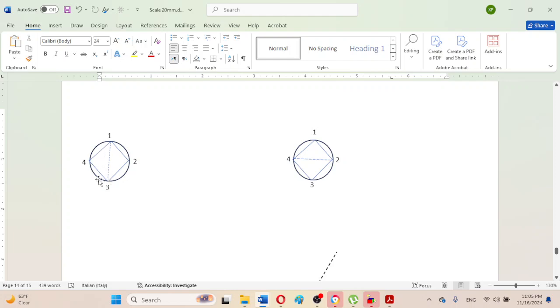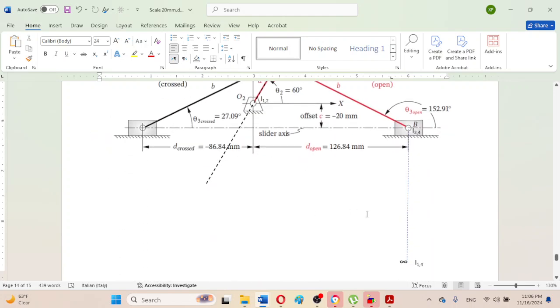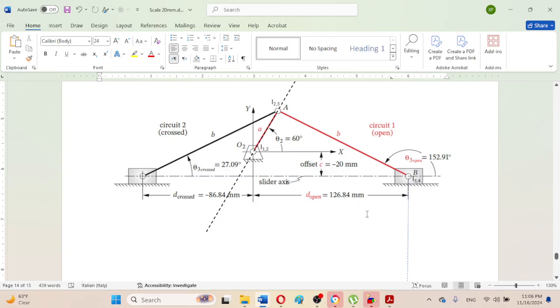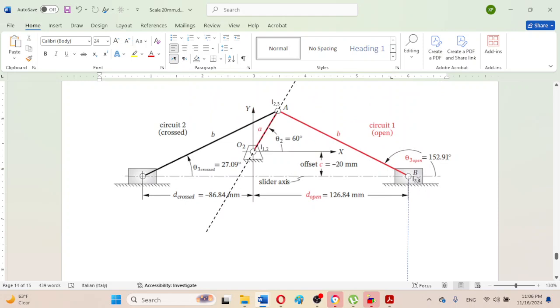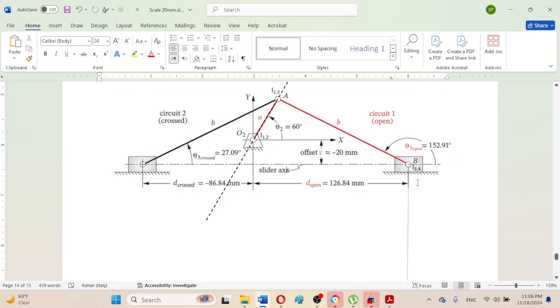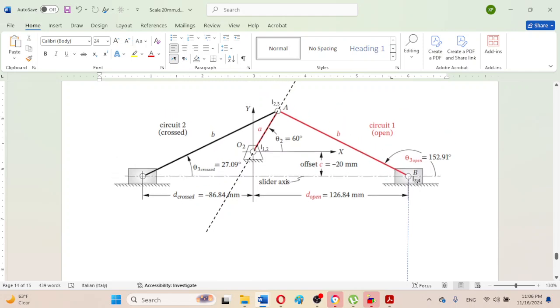As we can observe here, the unknown instant center I1,3 will be located on the line connecting the permanent instant centers I1,4 and I3,4. So this is I1,4 and this is I3,4.